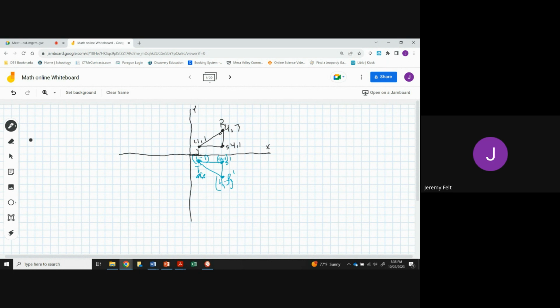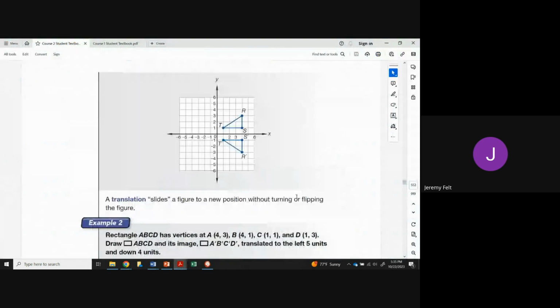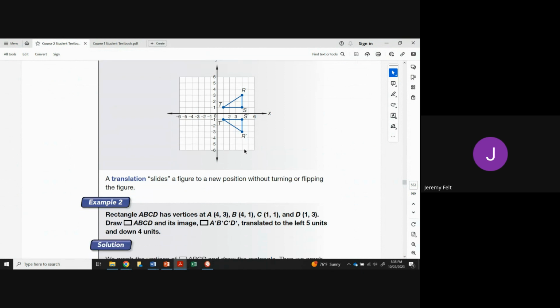So it reflected about the x-axis, so the x values did not change, and then the y values just flipped. They were all positive here, so they became the opposite down here. 1 became negative 1, 3, negative 3, 1, negative 1. So we draw out our original and then our reflected, and we go there.